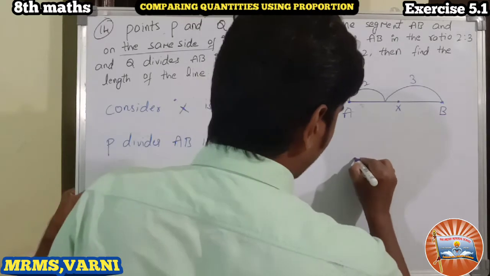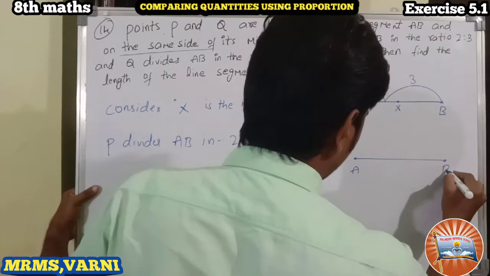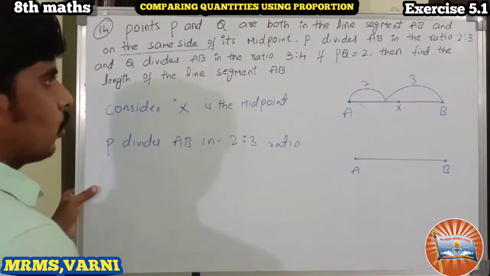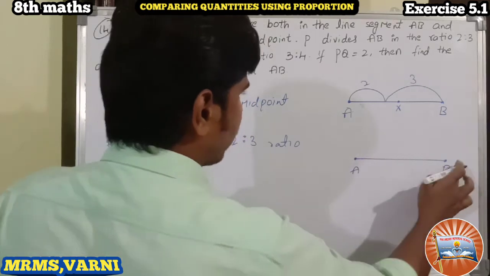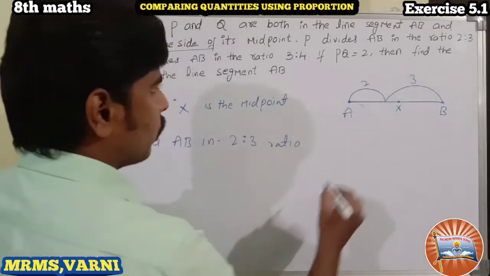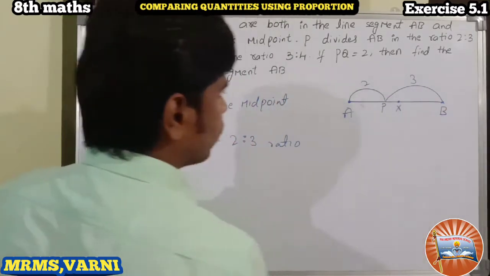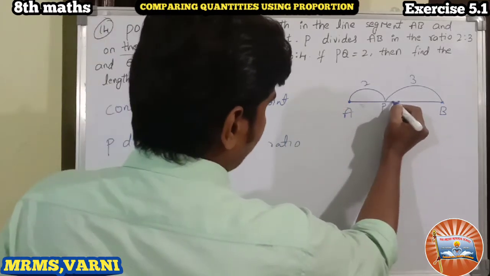Next, taking again AB line segment, with the point of Q, we can take on the same line segment only. So this is the P point, and P and Q lie on the same side of the line.